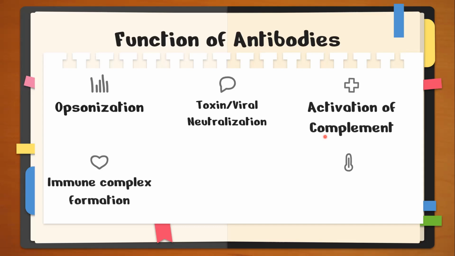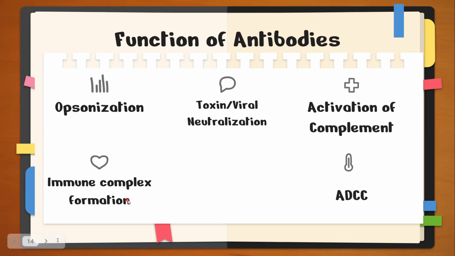Immune complex formation, ADCC. What is ADCC? Basically, it is antibody dependent cell cytotoxicity. Antibodies coat the pathogens and then lead to attraction of other phagocytic cells that come and engulf the bacteria.